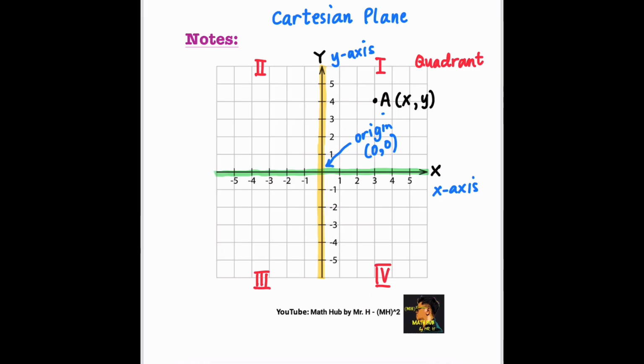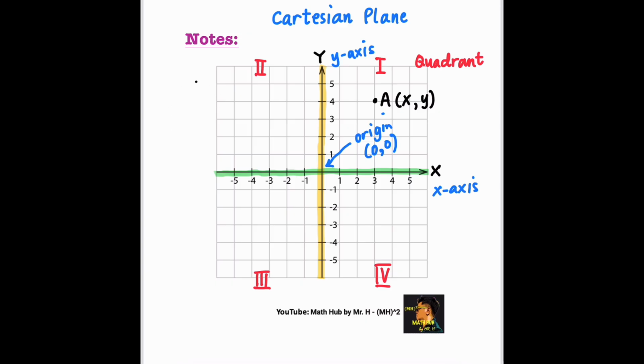So the first number or the first coordinate is always the x. And the movement of the x-coordinate from the origin is either going to the right if it's positive and going to the left if the coordinate is negative.